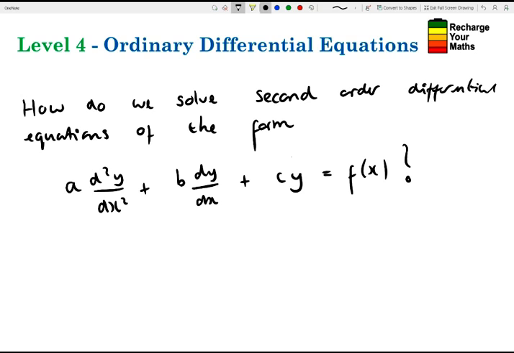How do we solve these things? Where of course a, b and c are all constants here.